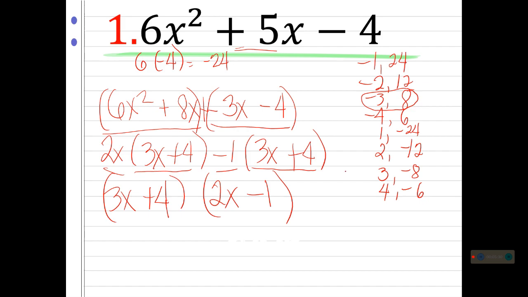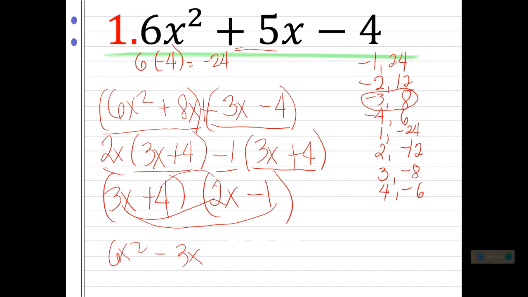For you to double check, since factoring is the reverse process of finding the product, you can use the FOIL method. We have 3x times 2x is 6x squared. Then 3x times negative 1 is negative 3x.